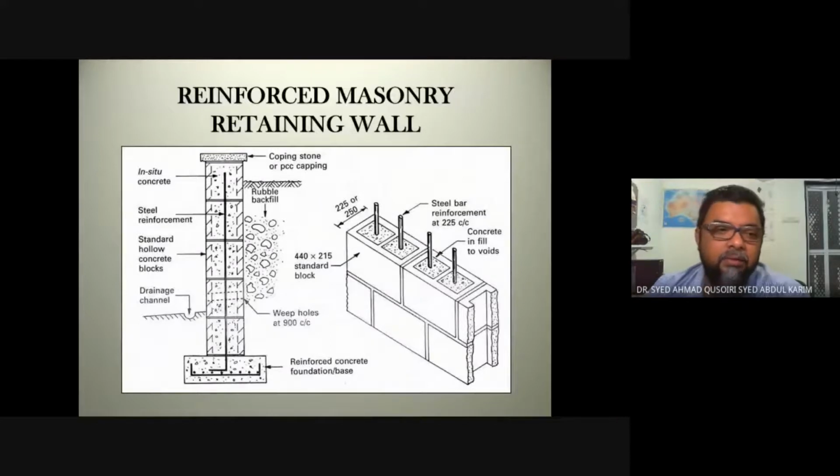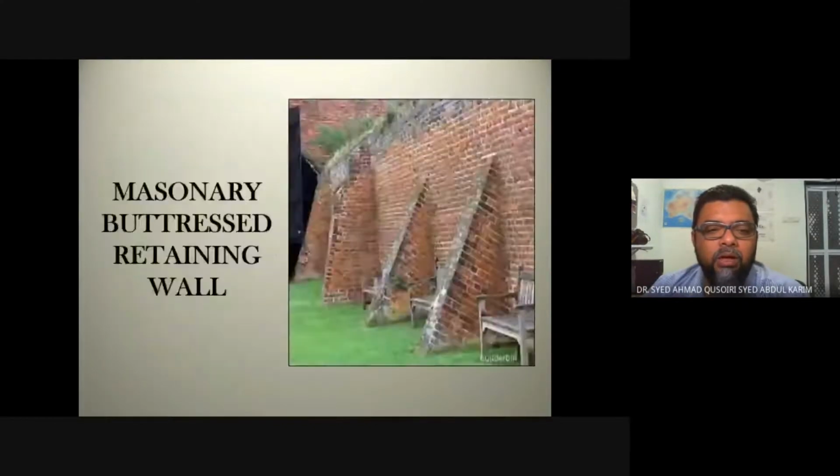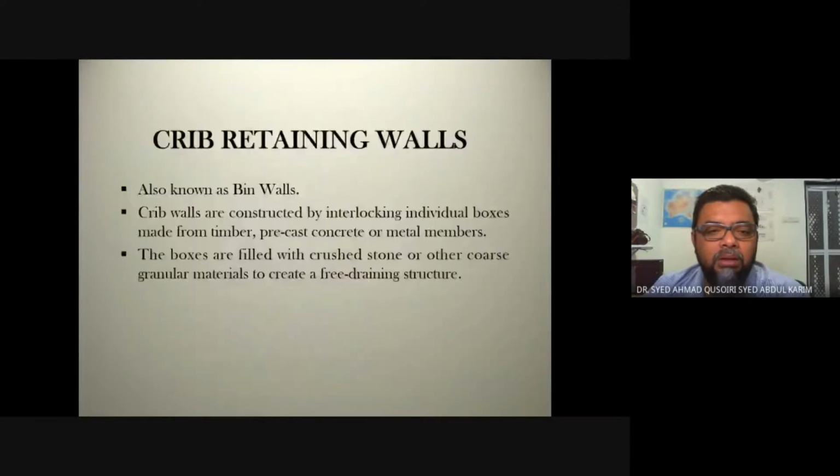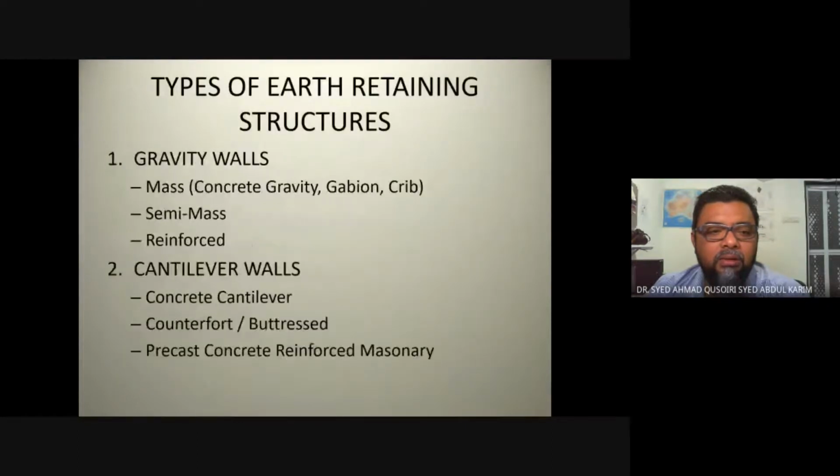Now, finally, we are moving into anchored walls. What we have been talking about, let's see, we have talked about cantilever walls, we have done gravity, we have just done cantilever.